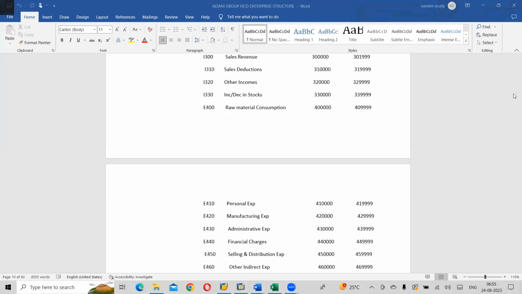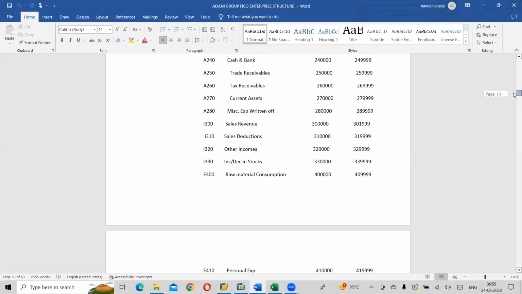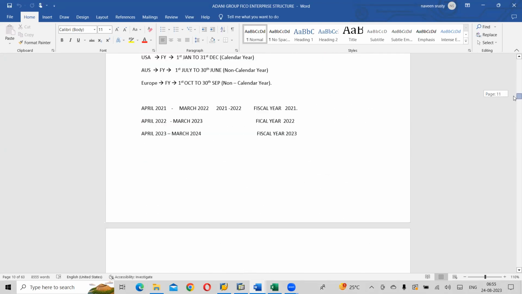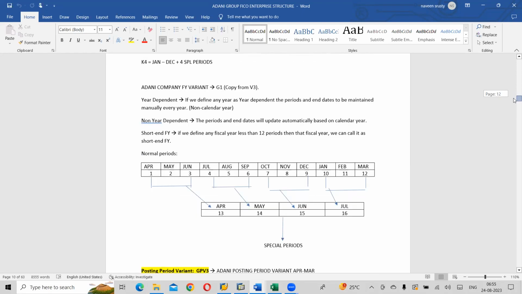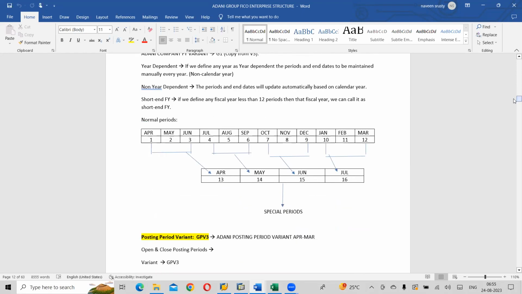Naveen, I had one question. I just want you to recap on the retained earning account. Retained earning account is nothing but whatever profit and loss account left out balance, the difference between your expense and your incomes, either a profit or a loss, right?